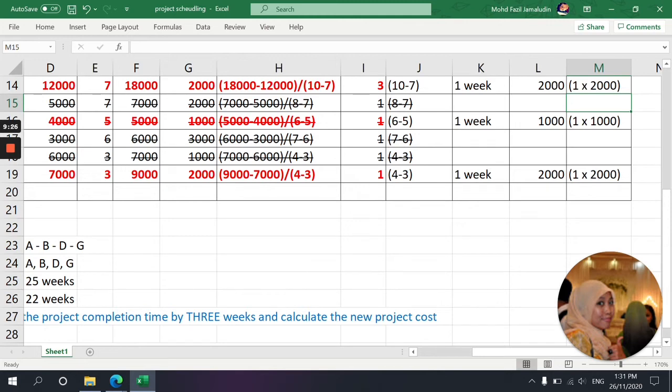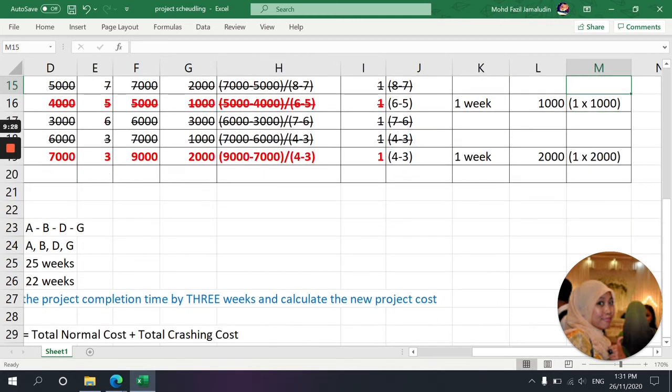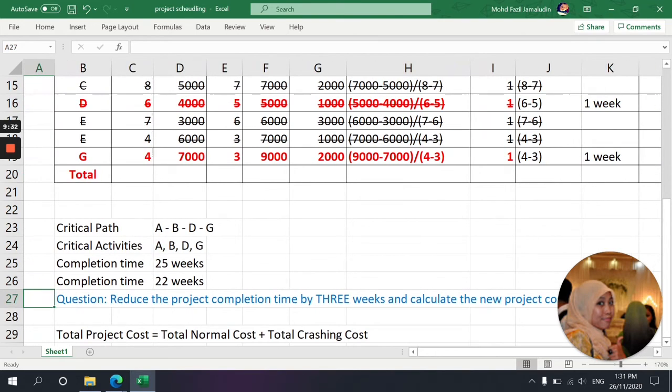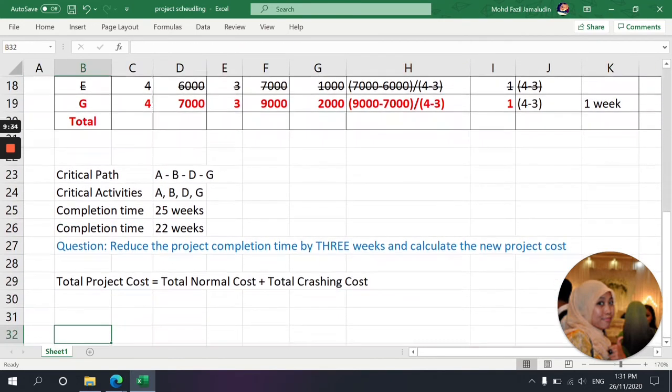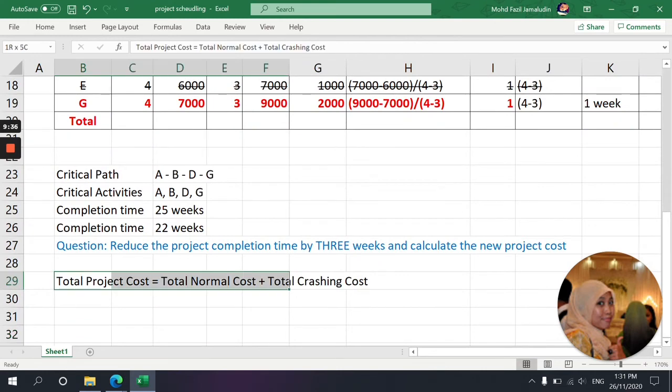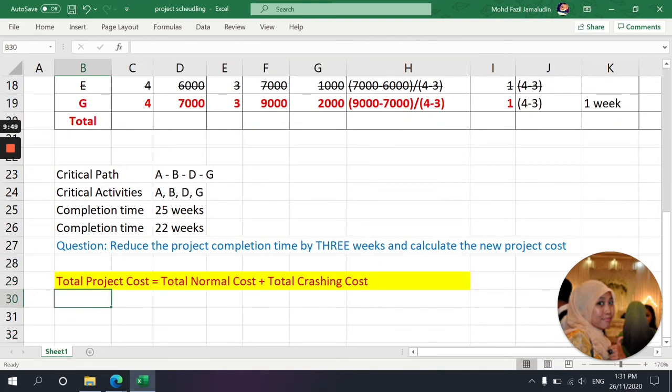Now you need to calculate the new project cost. How do we get the total project cost? This is the formula: the total project cost is the total normal cost plus the total crashing cost.